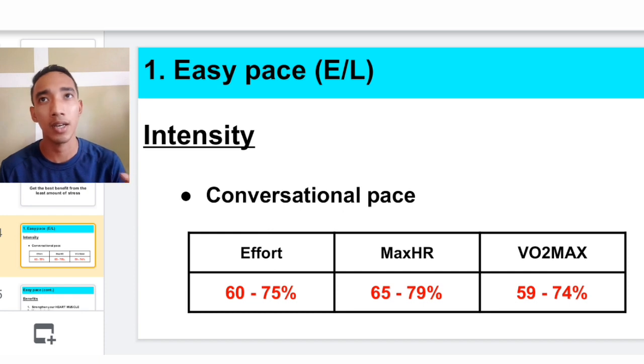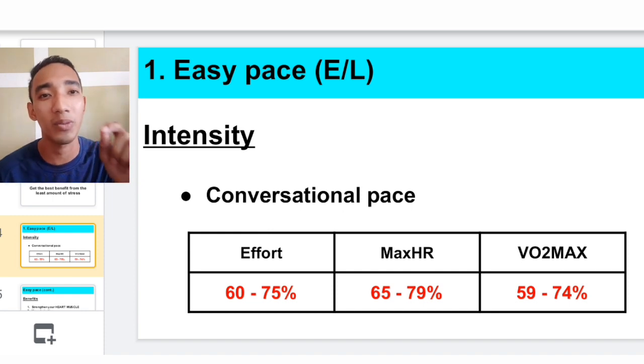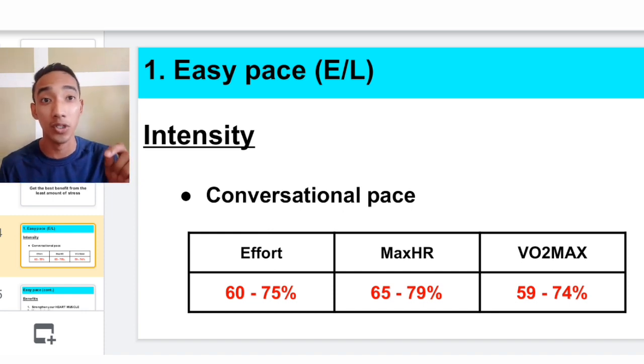So days are not the same. Lain ng condition kada adlaw. Usahay nindot akong condition, usahay bati. So sometimes I go 15 to 20 seconds slower than the said pace sa akong easy pace. And by the way guys, stick with me till the end of this video kay I will show you what the intensity of your own easy pace is. Inyo ha, dili ako, so I have my own, so you should have your own.